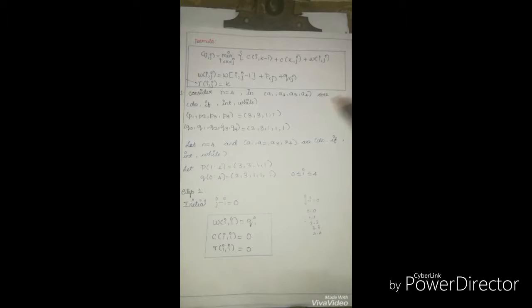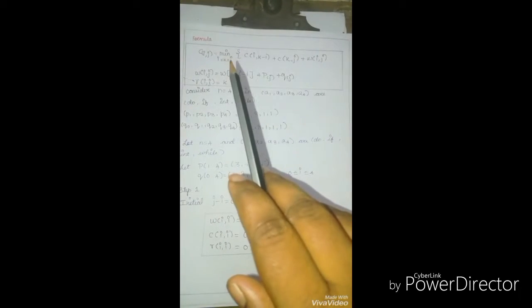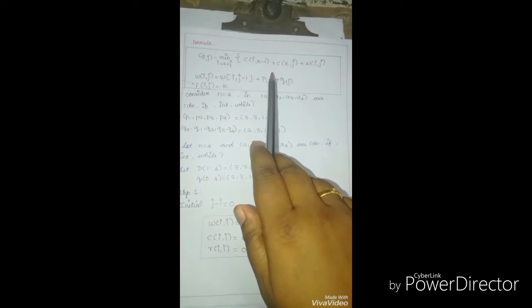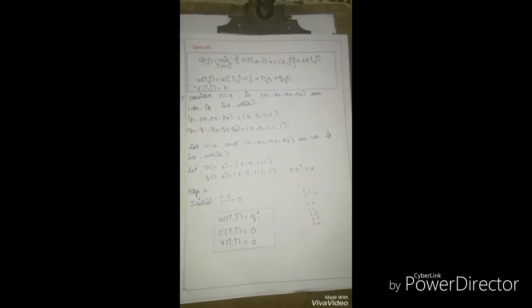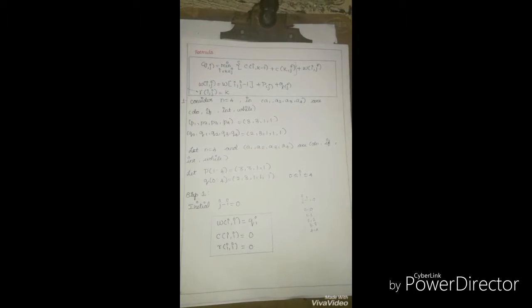In order to solve the problem, we have to find 3 different things. The first is the cost, the second is the weight, and the third is the root. For finding the cost, we have the formula C of i, k minus 1 plus C of k, j plus W of i, j, where we are supposed to find the minimum using the k value and then obtain the optimal binary search tree.